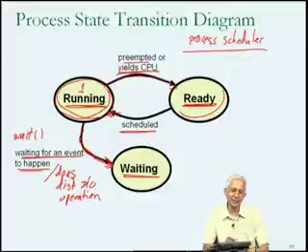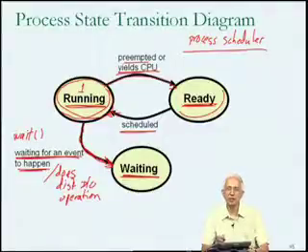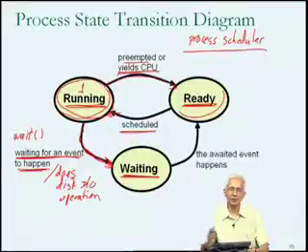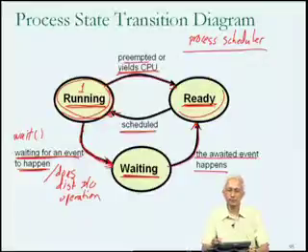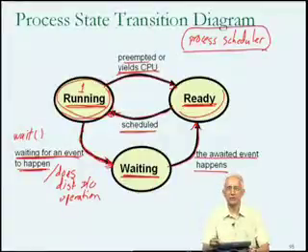Remember, in this case the event that it is waiting for is the completion of the disk input or output operation. So, what should happen to the process when the disk I/O actually does complete? The answer is, we expect that it should move into the ready state, and therefore we expect to see an arc going from waiting to ready and labeled the awaited event happens. Subsequently, that process in the ready state will sooner or later get scheduled at the discretion of the process scheduler.